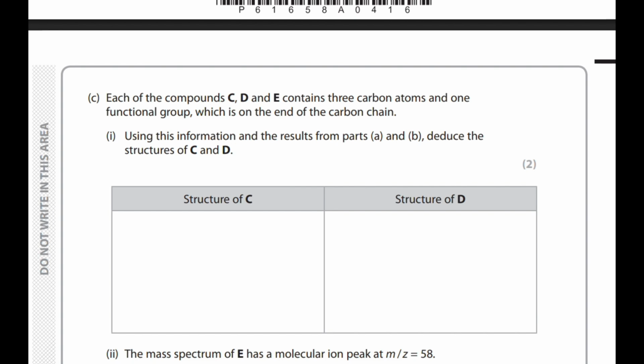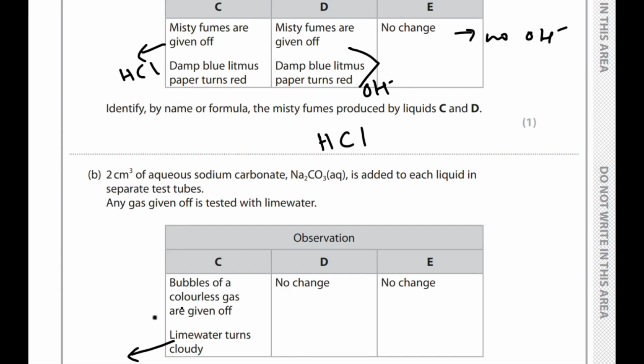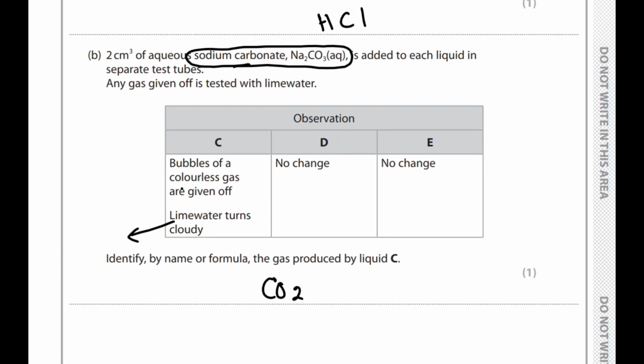C also produces carbon dioxide gas when it reacts with sodium carbonate, so it shows that it contains the properties of an acid. It contains an acid because acid reacts with carbonate to form carbon dioxide gas.